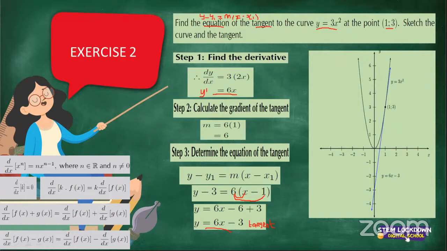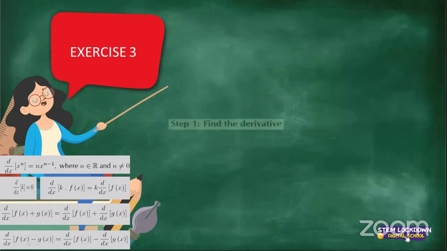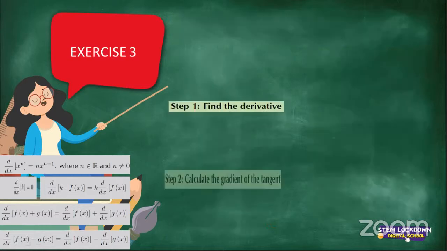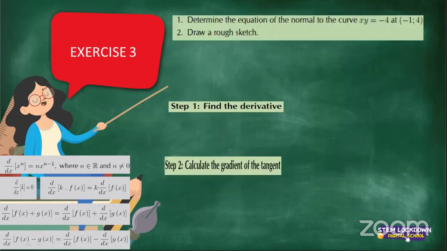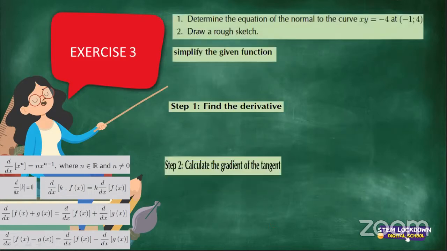Okay. And also remember, this is the equation of the tangent. This is the equation of a function. So sometimes your function can be a straight line. So in this case, you had to determine the equation of the normal.